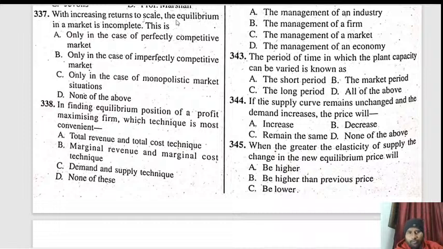With the increasing return to scale, the equilibrium in a market is incomplete. This is only in the case of perfectly competitive market, only in the case of imperfectly competitive market, only in the case of monopolistic market.